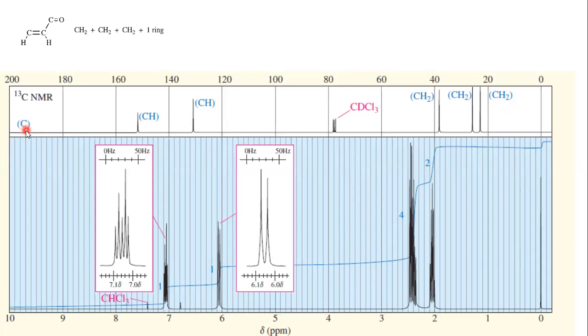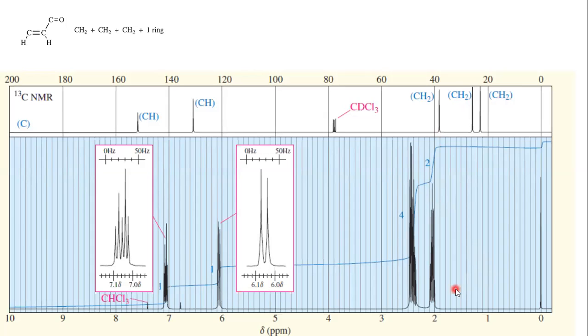This quaternary carbon is because of the carbonyl, and then we have a carbon-carbon double bond having CH groups, and then we have CH2s bonded together. This is the knowledge that we can get from the C13 NMR spectrum and the DEPT values.